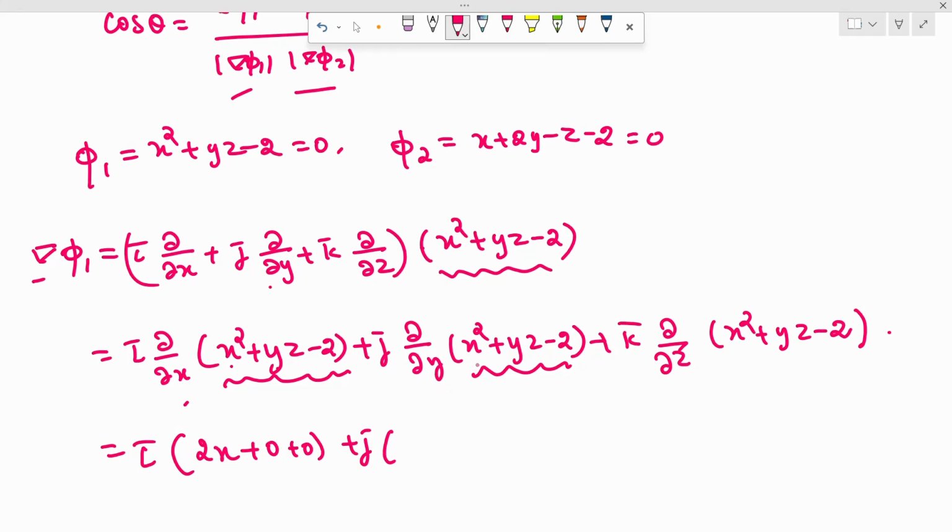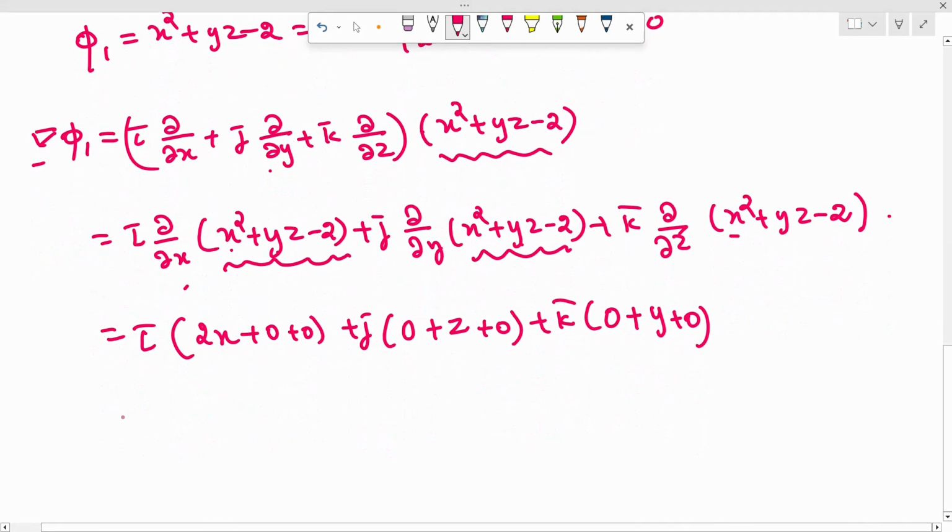In the first term there is no y, which is 0, plus the differentiation of y is 1 and z remains, and minus 2 gives 0. Plus k vector into differentiate with respect to z: in the first term there is no z, which is 0, plus z gives 1, so we get only y, plus 0. Now we can write 2x i vector plus z j vector plus y k vector.